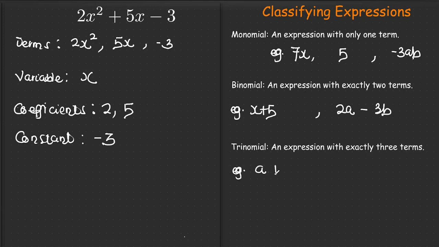If you have A plus B plus C, this is an example of a trinomial. Now, if we have x squared plus bx, then plus c, this is also an example of a trinomial. You can get as many as you want. This is also an example of a trinomial.